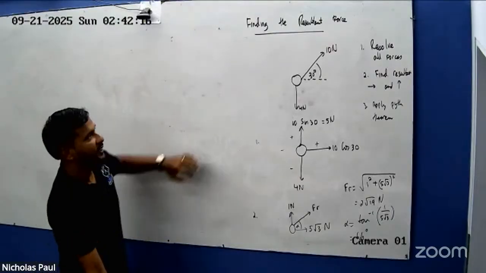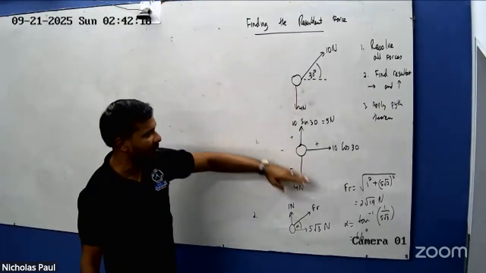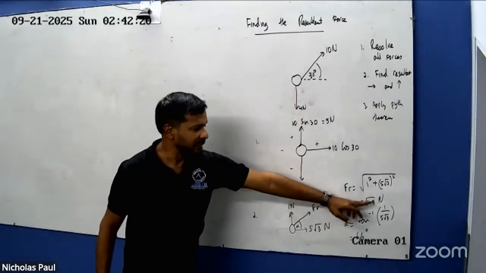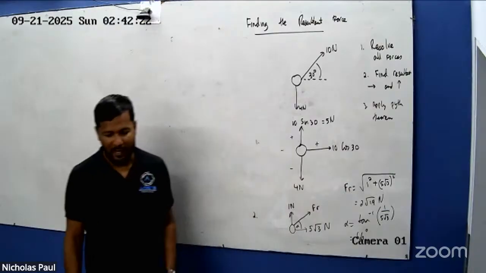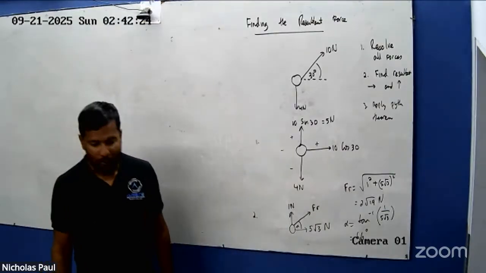Right, so the resultant force for this example here is 2 root 19 newtons, and the angle is 6.6 degrees. Right?